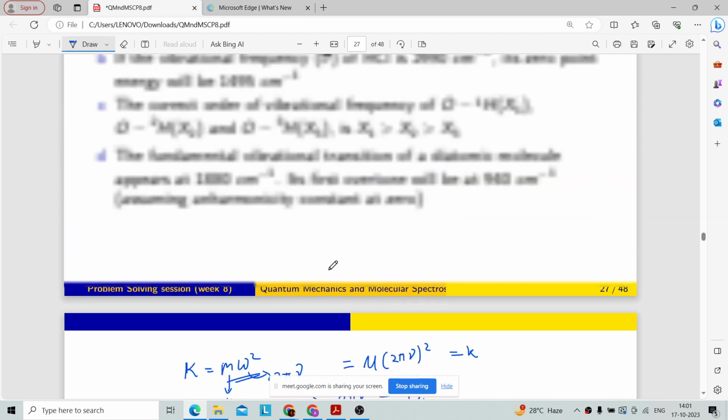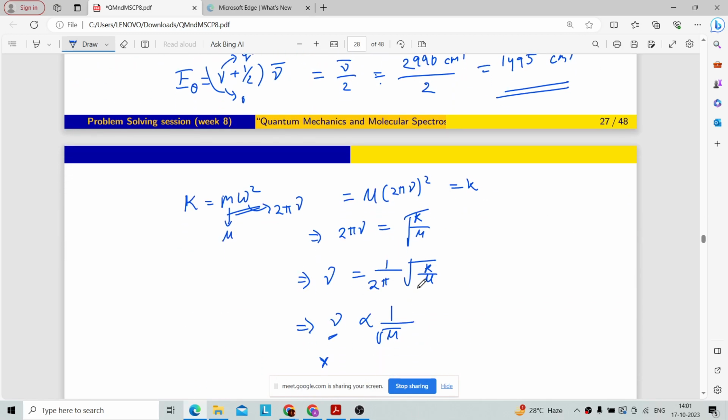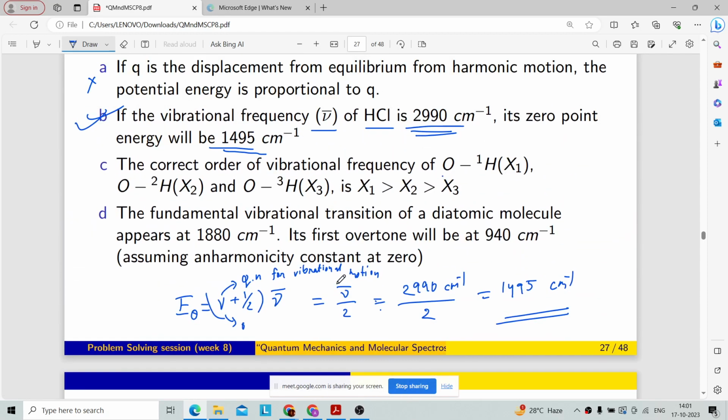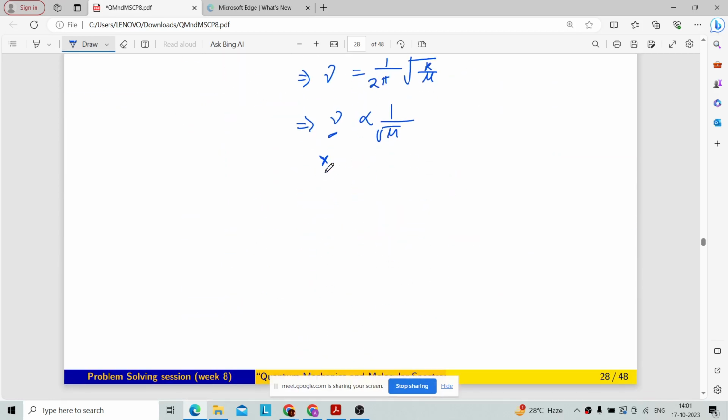Okay. Why did we write this in terms of mu? There is a force constant also, but you see there are isomers given. That means only the nucleon number is changing for these molecules. So in that case, what will happen? Which quantity will change dominantly?